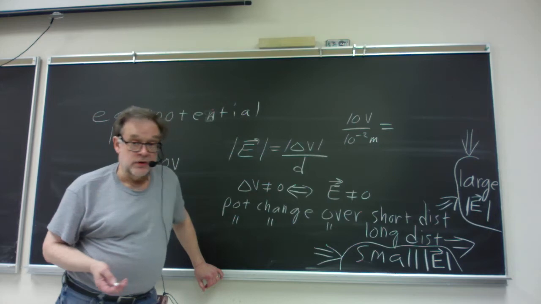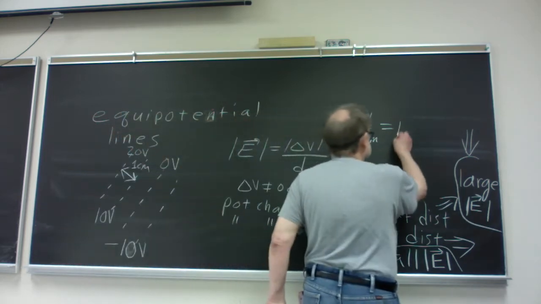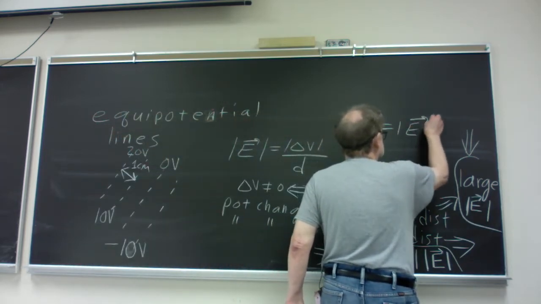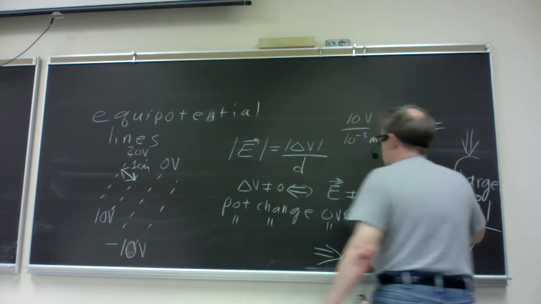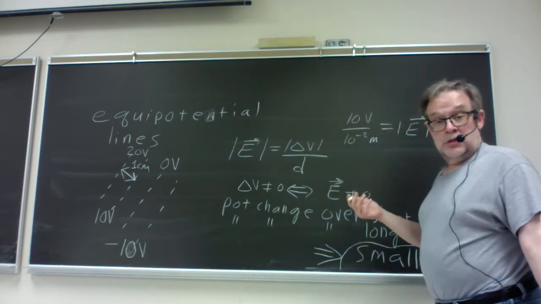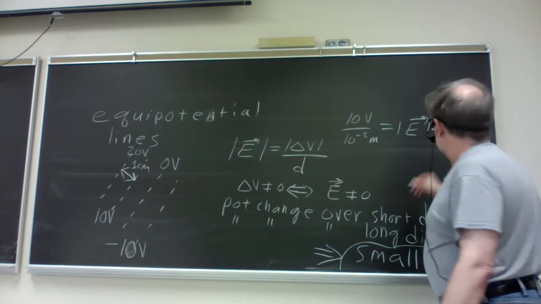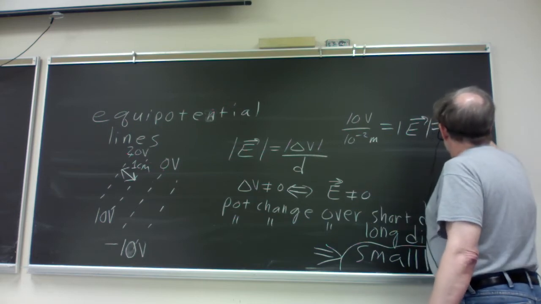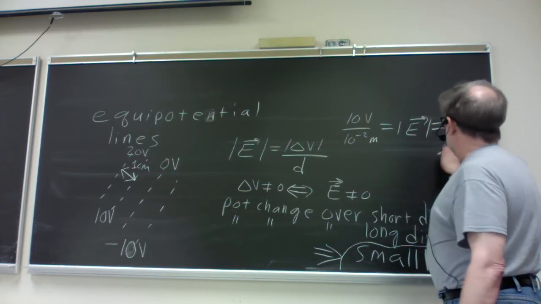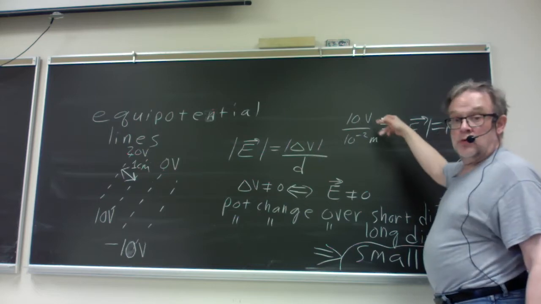And that means you've got an electric field strength of 1,000, or 10 to the 3, volts per meter.